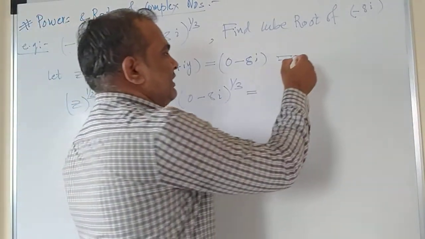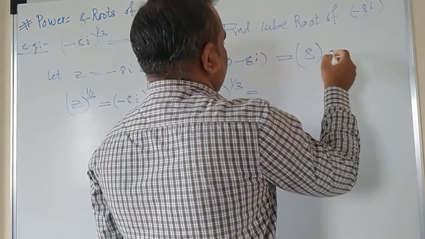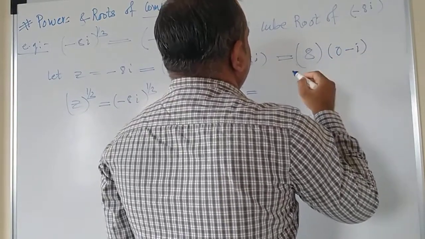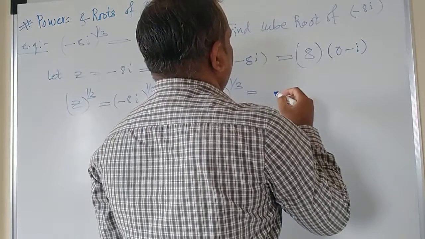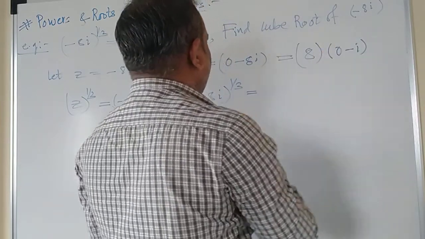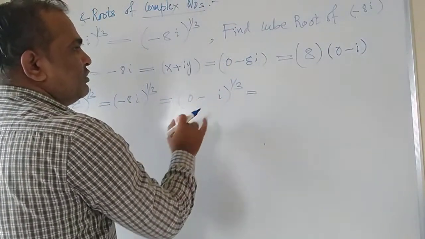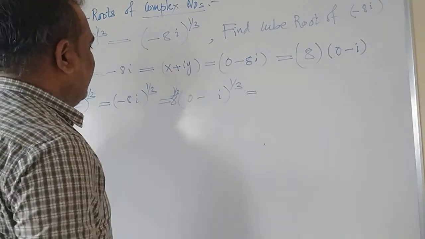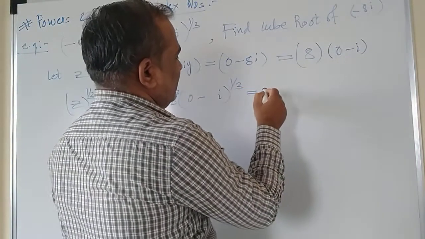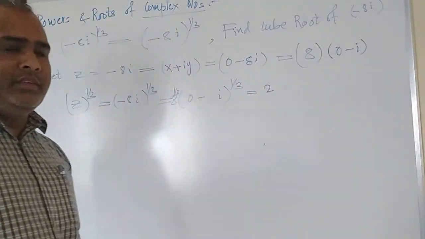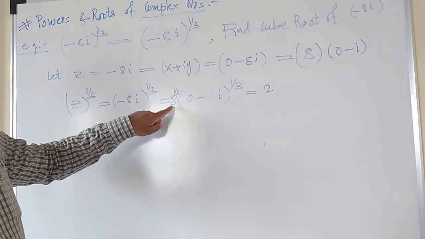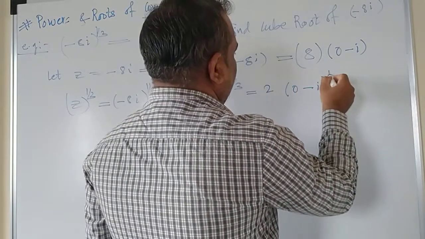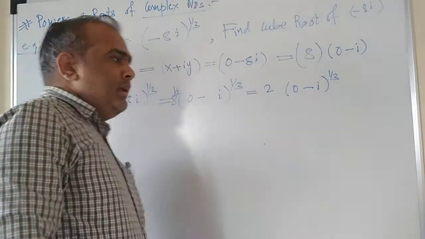So I will write this 8 outside, and into the bracket I can write 0 minus i. Got it? This will be simpler, and then raised to power 1/3. So 8 raised to power 1/3 is 2, since 2 cube is 8. That's why I can write 8 raised to power 1/3 as 2, and into the bracket 0 minus i raised to power 1/3.